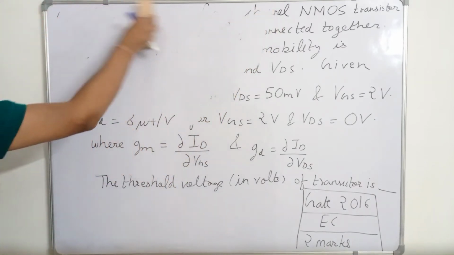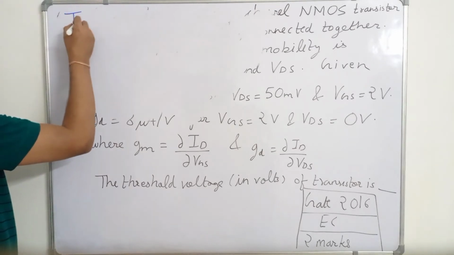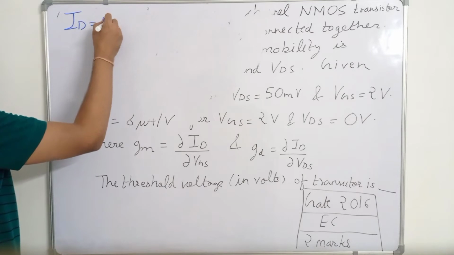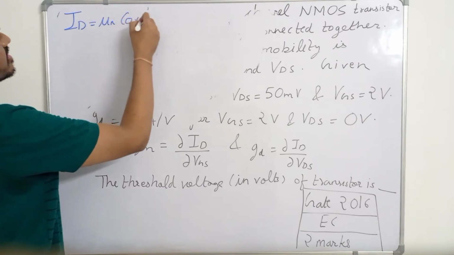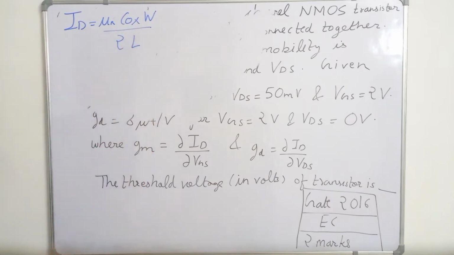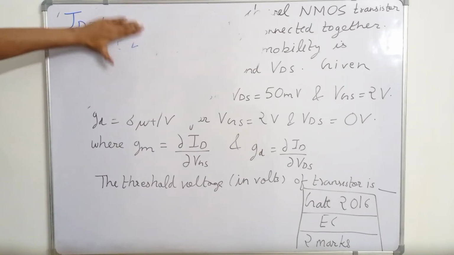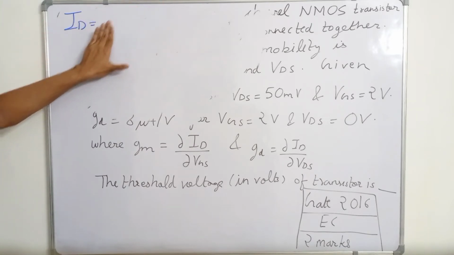So let's write the equation for ID. ID equal to mu n COX W by 2L. This is all constant, so we can write this as Kn.